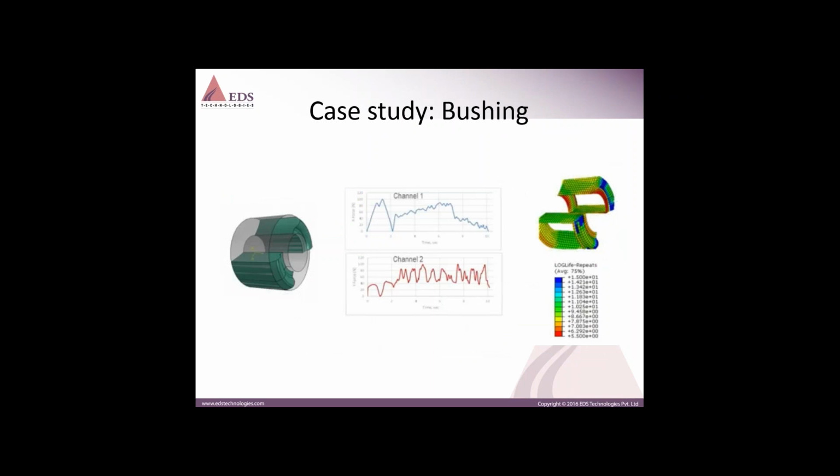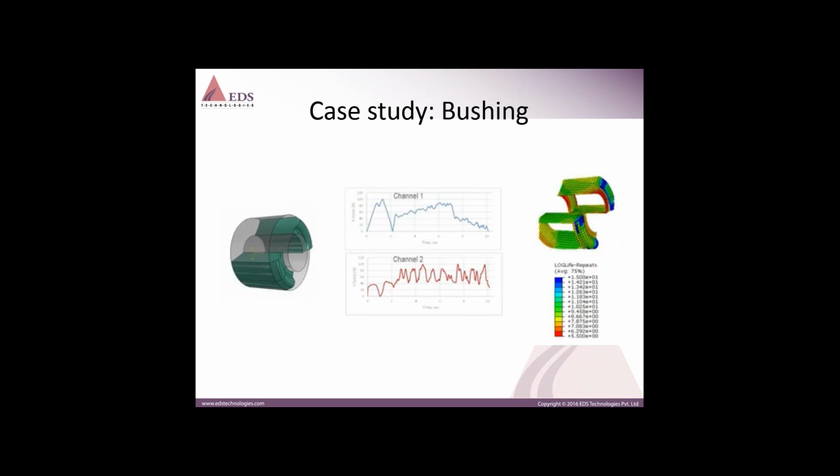Here I have a bushing example which is under road loading. This is a bonded bushing example under two channel loading, mainly one in the vertical direction and another in the horizontal direction. These forces are applied at the inside location of this particular bushing.